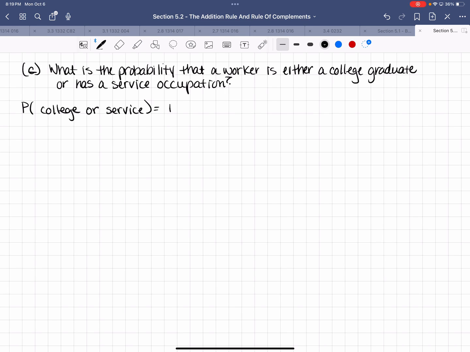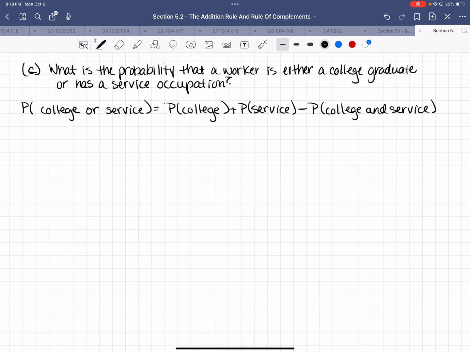I know that's going to be the probability of college plus the probability of service minus the probability of college and service. So remember, that's our intersection. That's our overlap right there. Okay? So I go back and I look at the probability of college. We already added that up, didn't we?